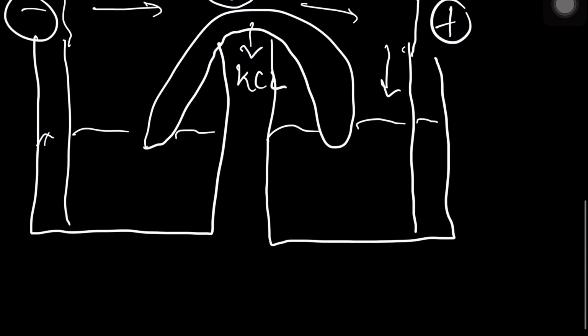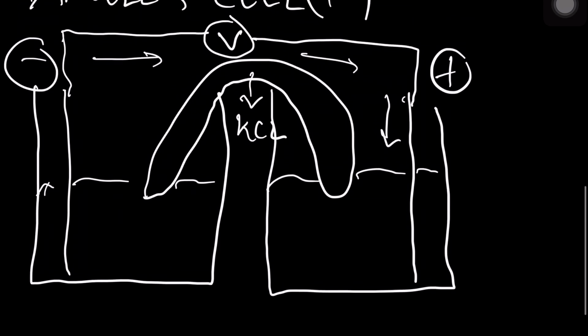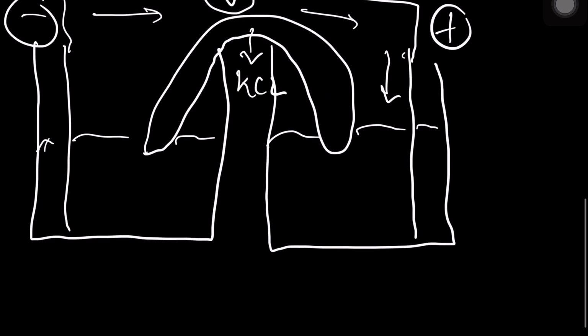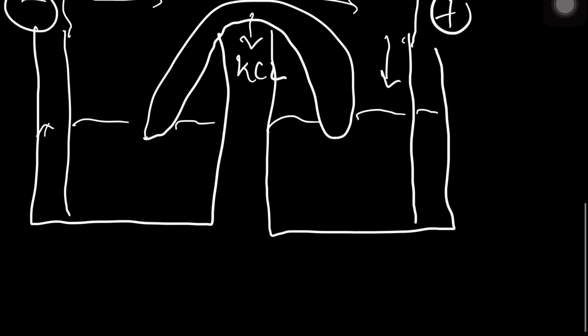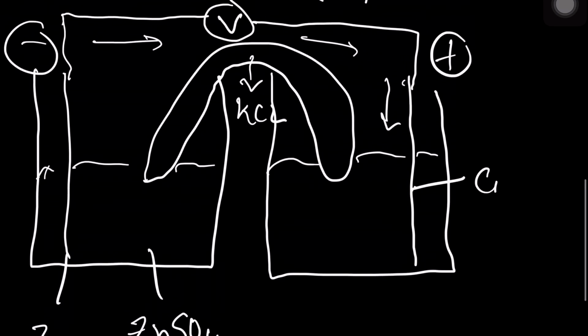The cathode will always have a less reactive metal than the anode, because more reactive metals give electrons to less reactive metals. So for electrons to flow from the anode to the cathode, we require the anode to be more reactive. In our Daniell cell example, the anode will be made out of zinc, with an electrolyte of zinc sulfate. The cathode will be made out of copper and have an electrolyte made out of copper sulfate.